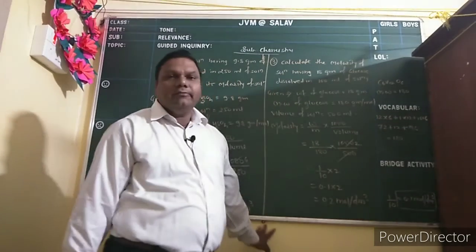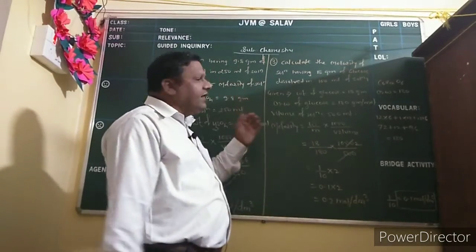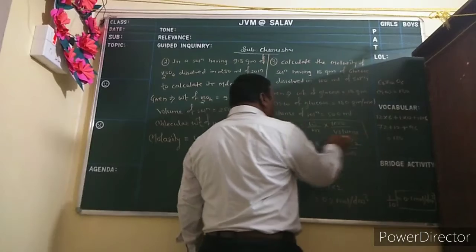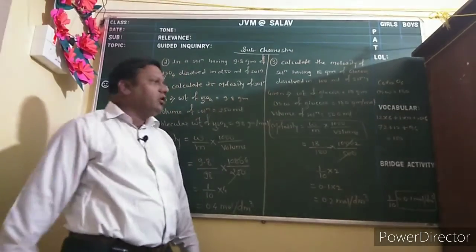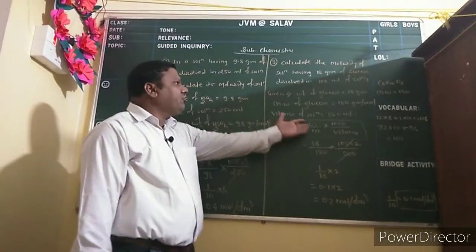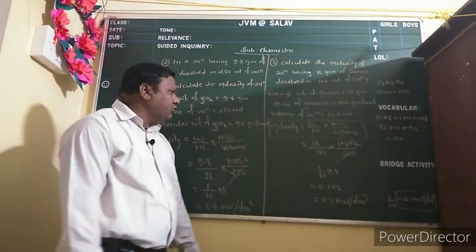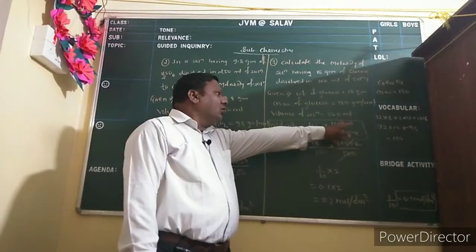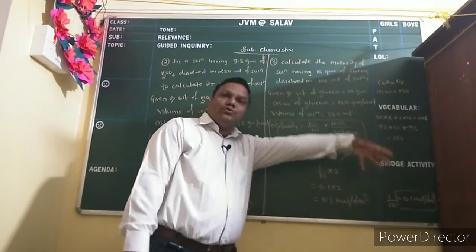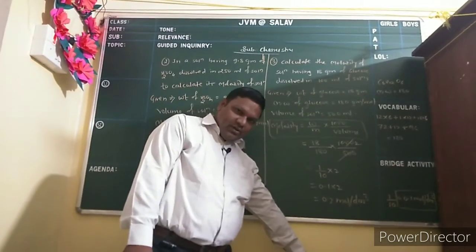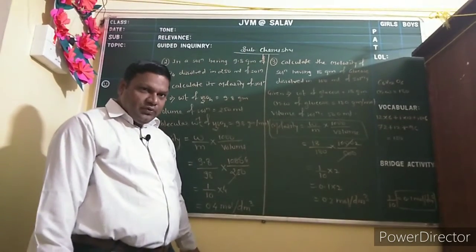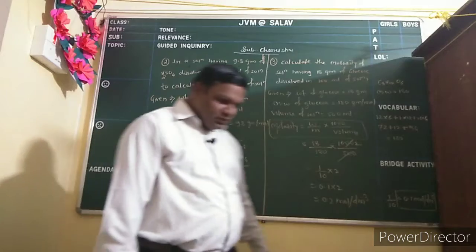Any doubt? So this is molarity, and you know this formula: small w upon small m into 1000 upon volume, and you know very well small w indicates weight of solute, small m is molecular weight of solute, and volume indicates the volume of solution. Is it clear? Okay. So please note down these examples. Okay, and thank you now.